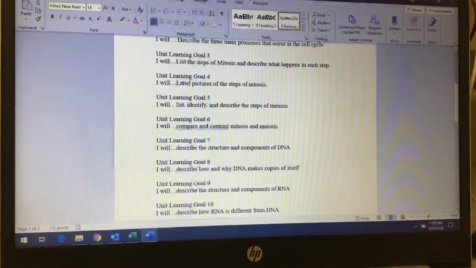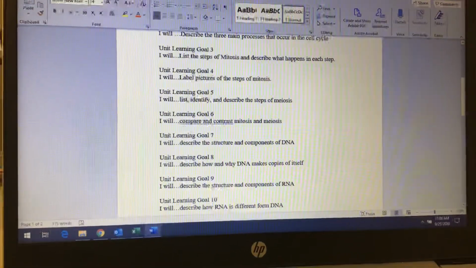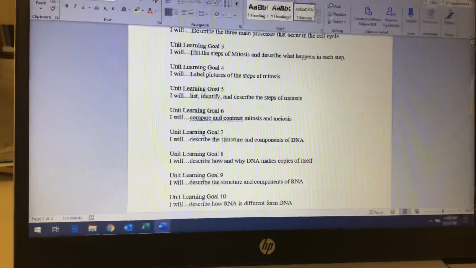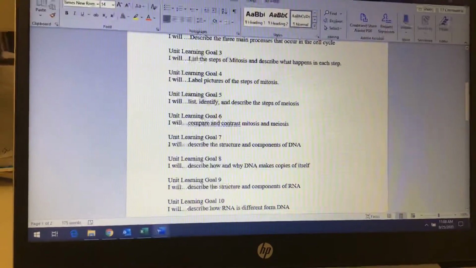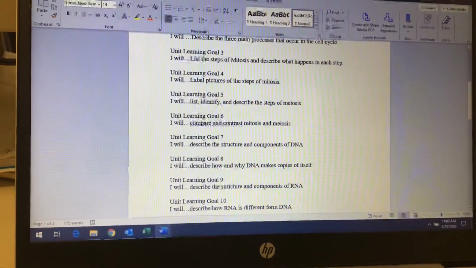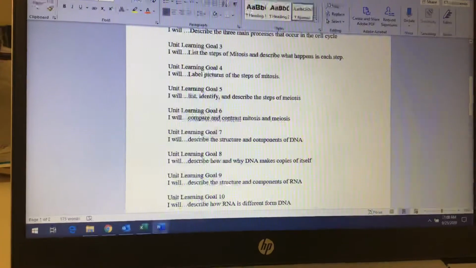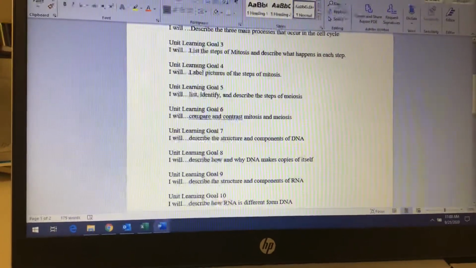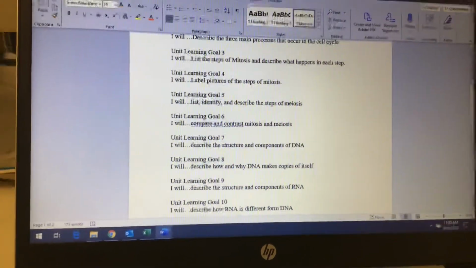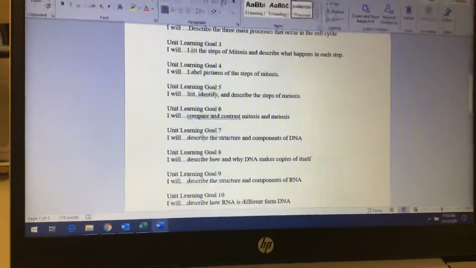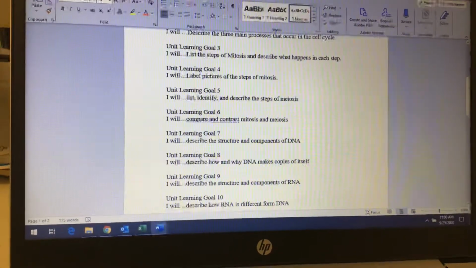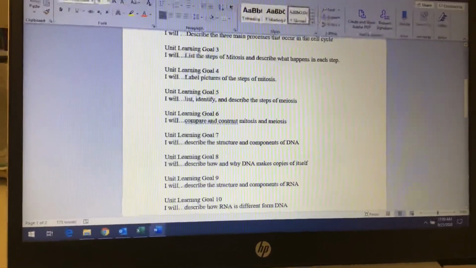So you need to identify the different steps of mitosis, and then the same thing with meiosis. Know the steps and be able to identify them. And then you need to know the difference between mitosis and meiosis. That sounds confusing, but by the end of these 2 weeks, you'll have it down pat.